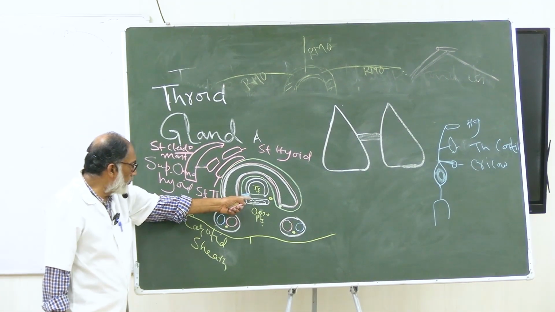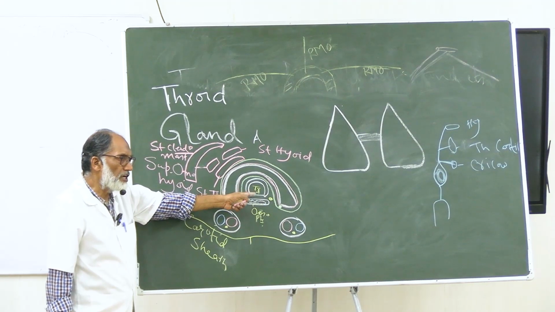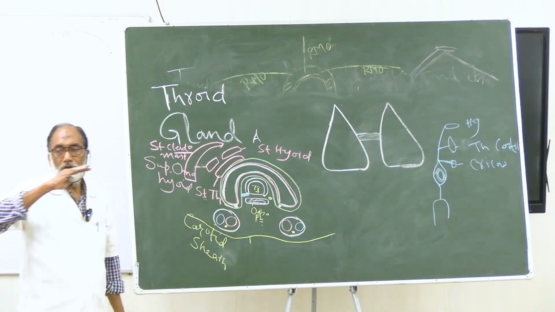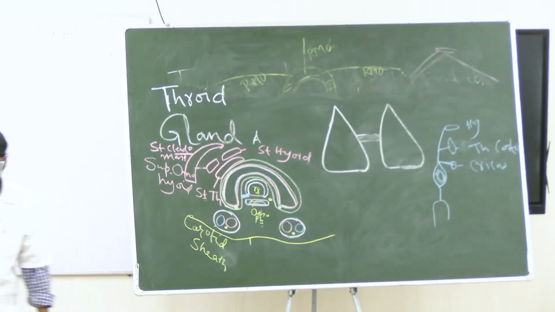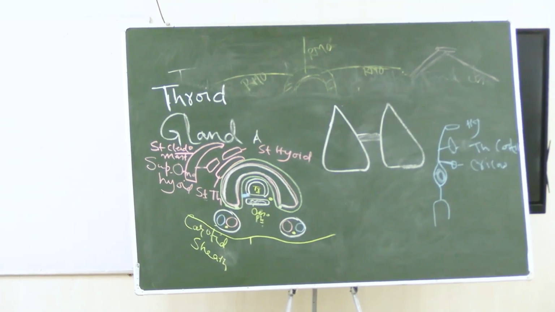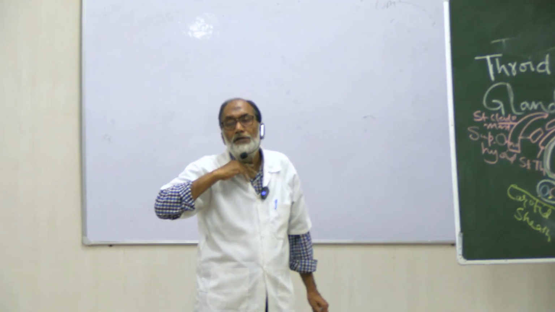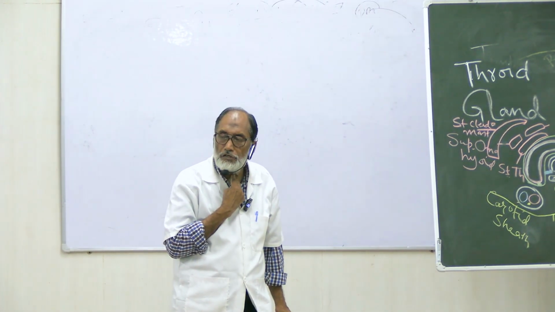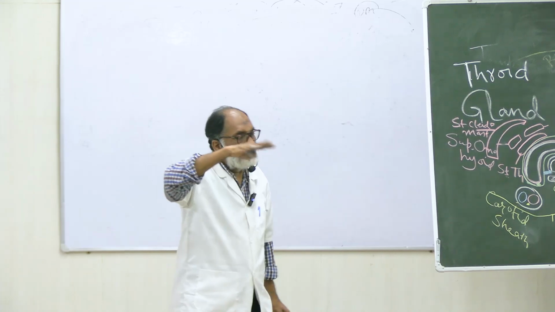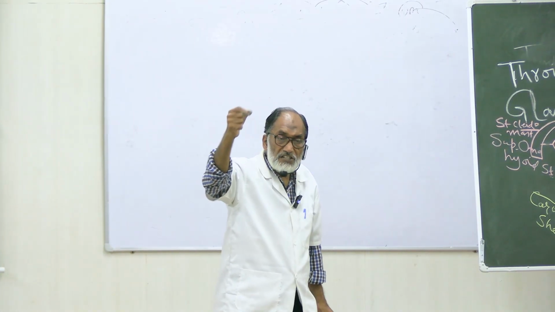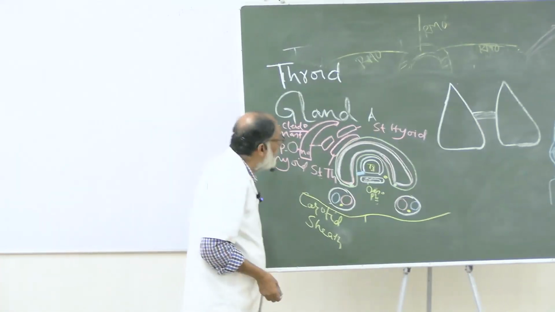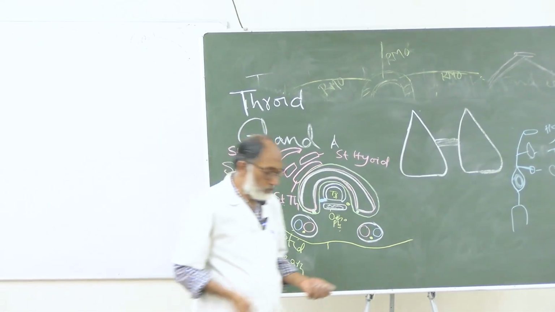Here it is attached to the cricoid cartilage. Actually, cricoid cartilage lies at which level? Just below the thyroid cartilage is cricoid cartilage. It lies at the level of the C6, cervical 6 vertebra. So this is called ligament of Berry.